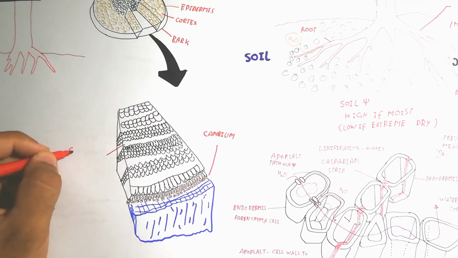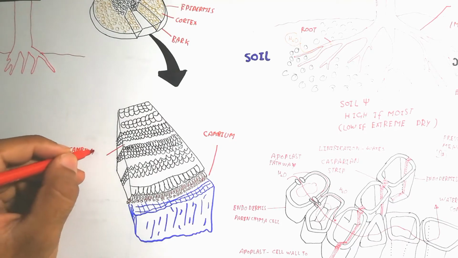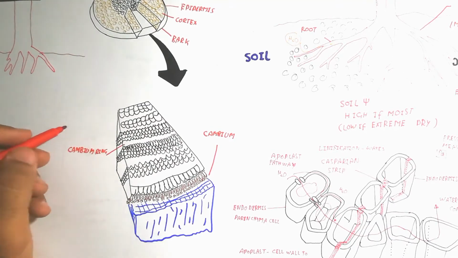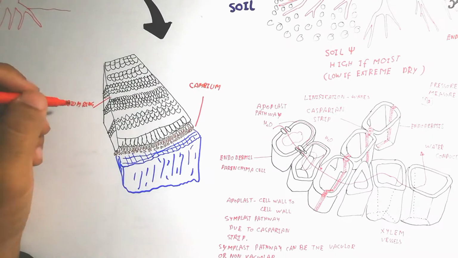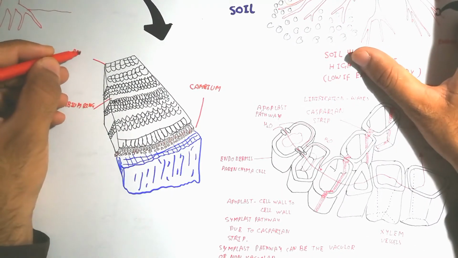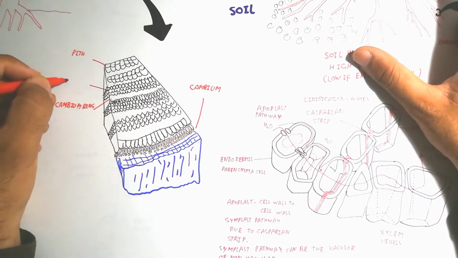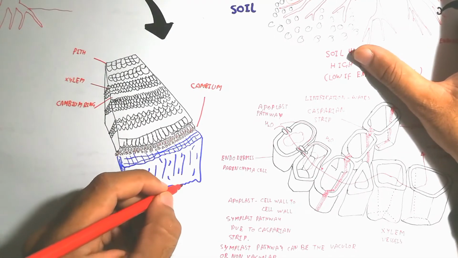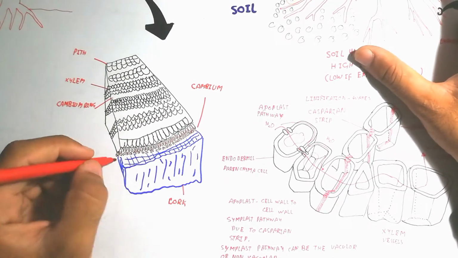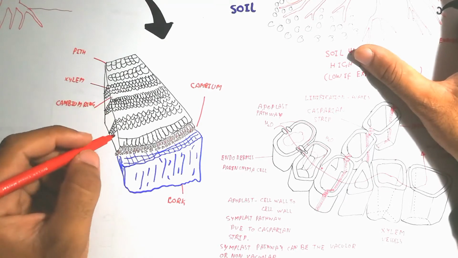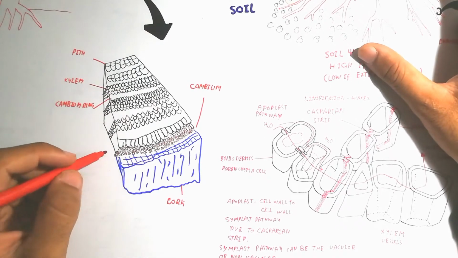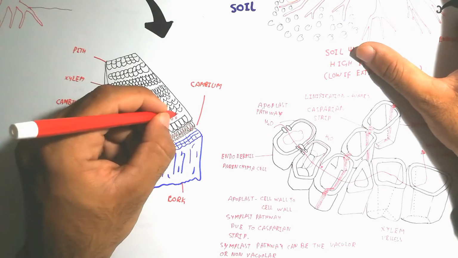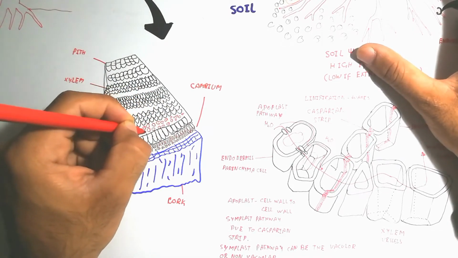Here is the cambium ring, known as the annual ring, and inside, the hardwood is present. There is the xylem, and here is the pith. Xylem is used for the conduction of water and phloem is used for the conduction of nutrients. So it is simple, not difficult.